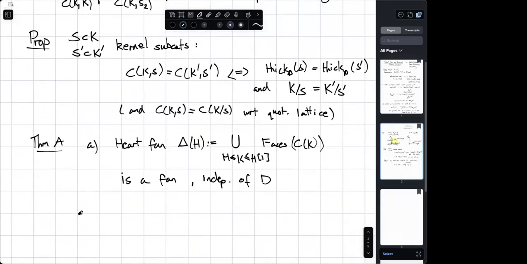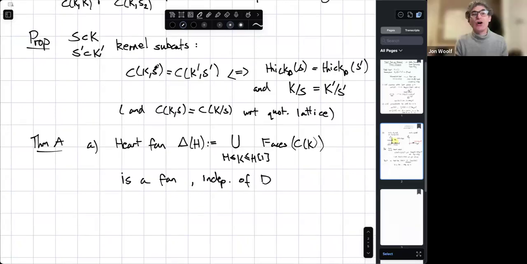Can I ask a question? Yeah. In the proposition that you said just now, right before this theorem, you made a comment that you need kernel subcategories and not just Serre subcategories. But if there were just Serre subcategories, would CKS be well defined? Don't you need kernel subcategories in the definition itself? No, so this makes sense for any Serre subcategory. Here you just take the vectors in the heart cone of K which vanish on that Serre subcategory. Right.